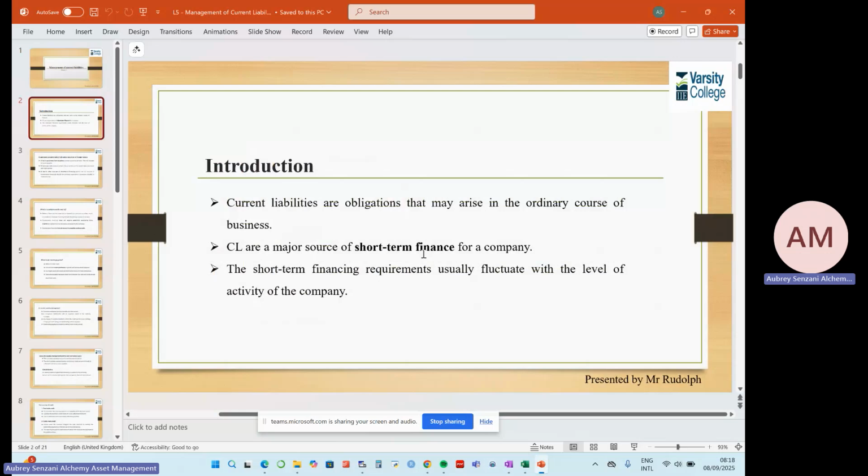So here they define current liabilities and they say current liabilities are obligations that may arise in the ordinary course of business. Current liabilities are a major source of short-term finance for a company. The short-term financing requirements usually fluctuate with the level of activity of the company.